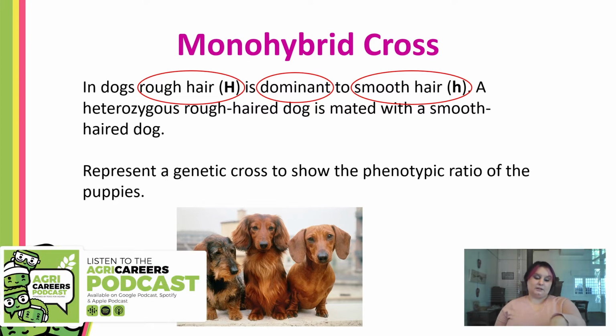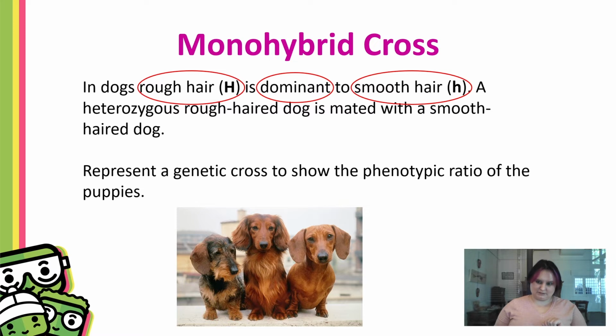So for example, like the dog in the left-hand side of the picture. Whereas in order to inherit smooth hair, a dog would need to inherit 2 copies of the recessive allele in order for that characteristic of smooth hair to show up in the phenotype, which is the physical appearance of the dog. So for example, the dog on the right-hand side has smooth hair.